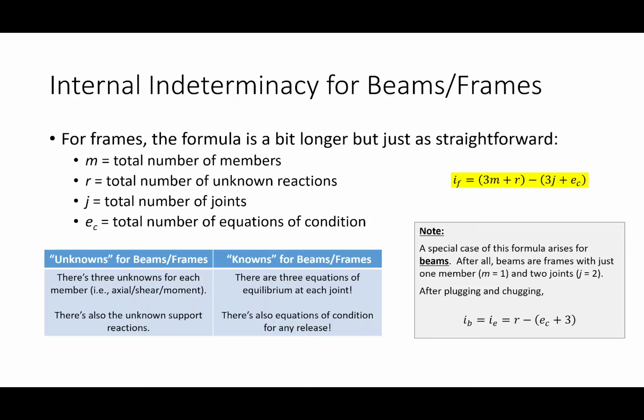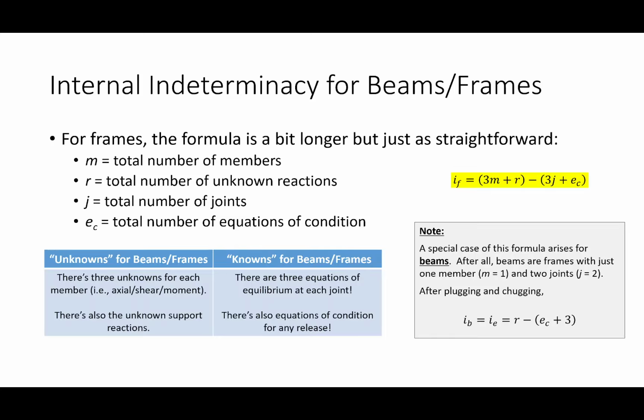Does that make sense? So if I wanted to derive an expression for I sub b, the internal indeterminacy for a beam, I would say, what do we have?